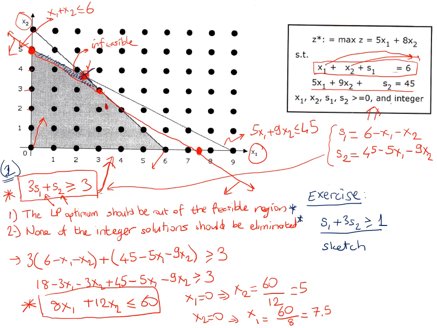And when you are sketching this one, again you need to consider this method. This was a tutorial to show you how you can sketch the cut that you generated using the Gomory method or the fractional cut on the feasible region.